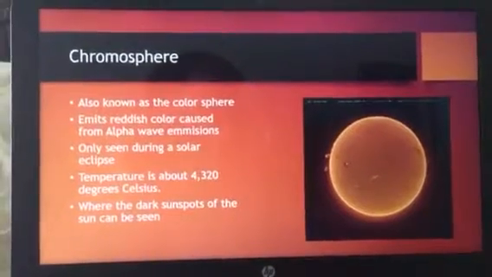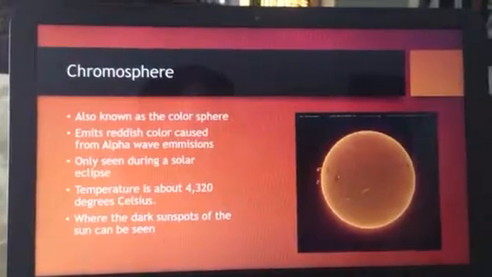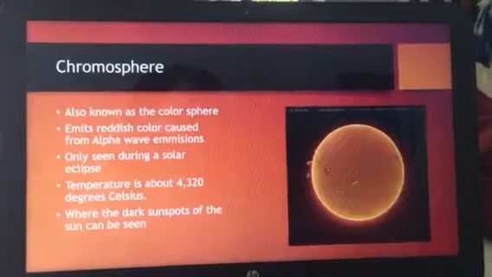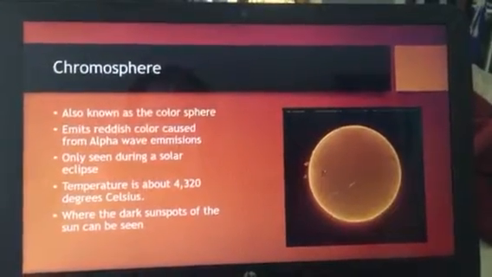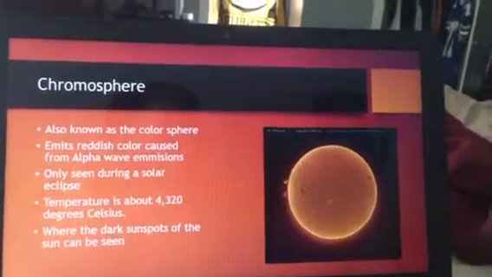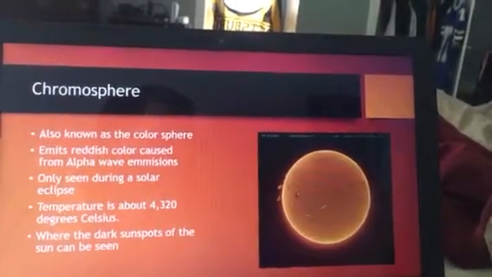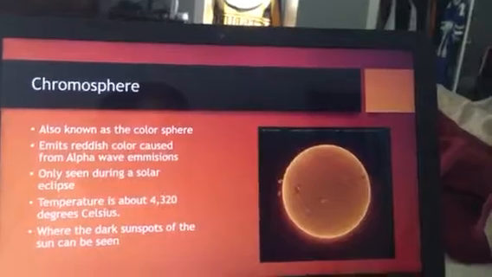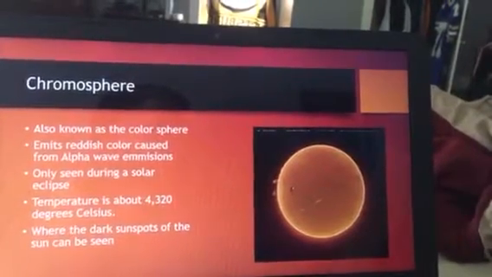The next layer is called the chromosphere, also known as the color sphere. This layer emits a reddish color, also known as alpha wave emissions. You are only able to see this layer during solar eclipses.